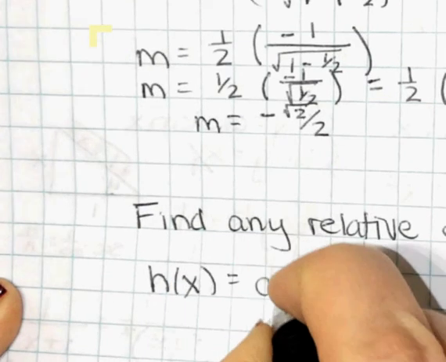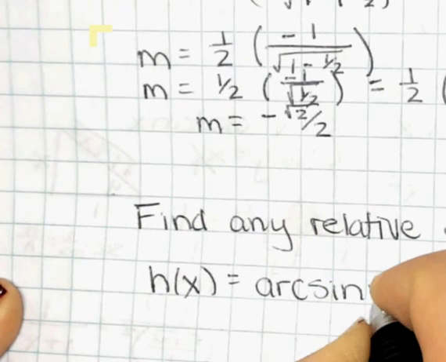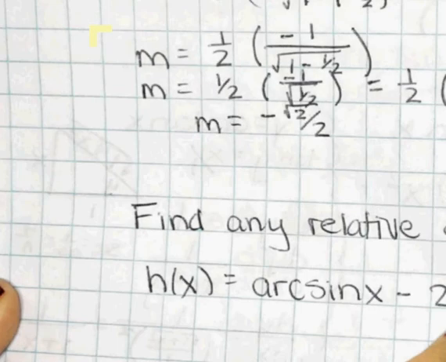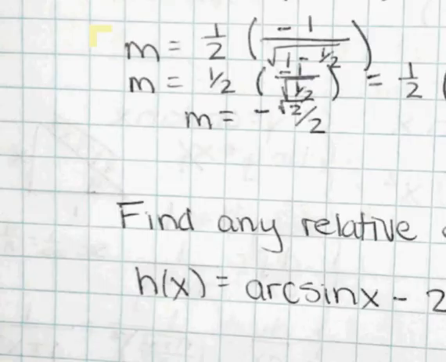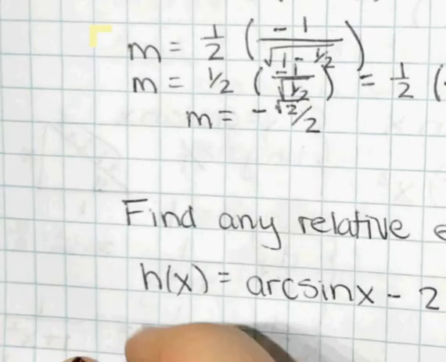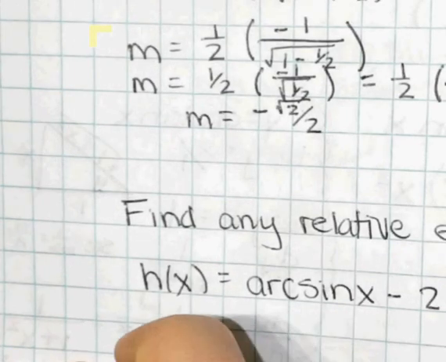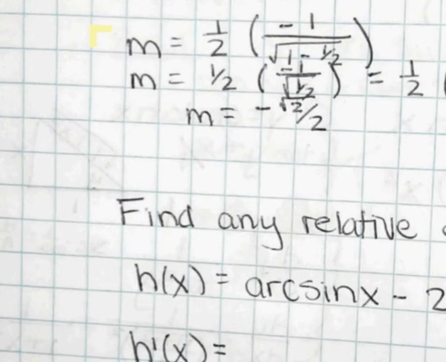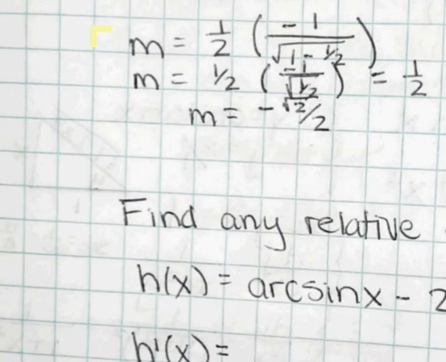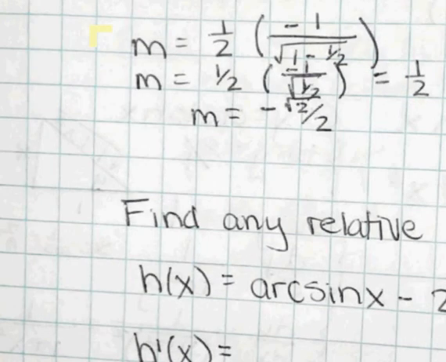So h of x equals arcsine x minus 2 arctan x. Okay. H prime of x. Now, you could go through and do the triangles. We could just look at our cheat sheet up top, which for your homework I'm totally okay with.